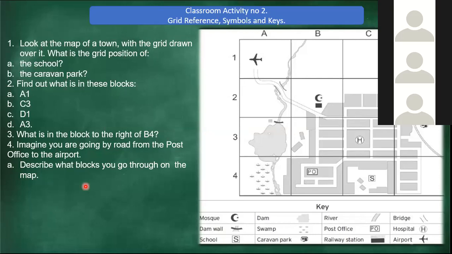Describe the blocks you go through. The blocks that I'll be going through are B3, yes, B2, and B1. In B1, there is no way. We are using the way that it's here. Then I'll be going in.